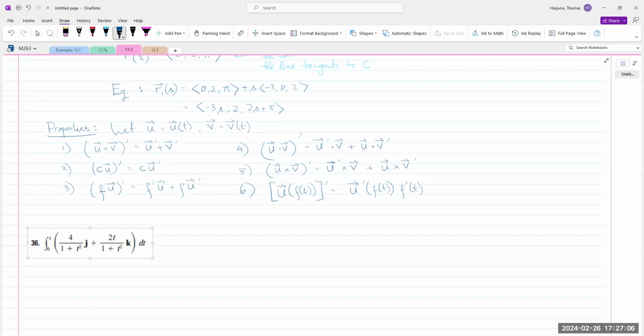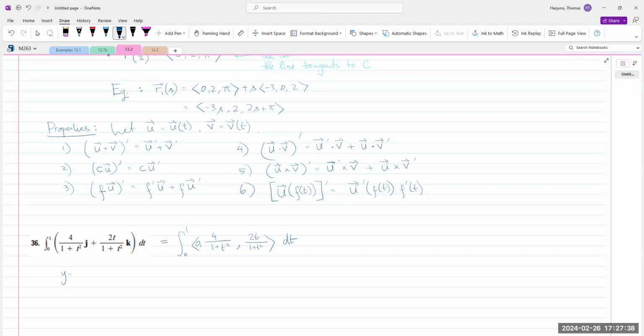If I rewrite that using vector notation, this is the integral from 0 to 1 of 4 over 1 plus t squared, comma, 0, comma, 2t over 1 plus t squared dt. The x component is easy.